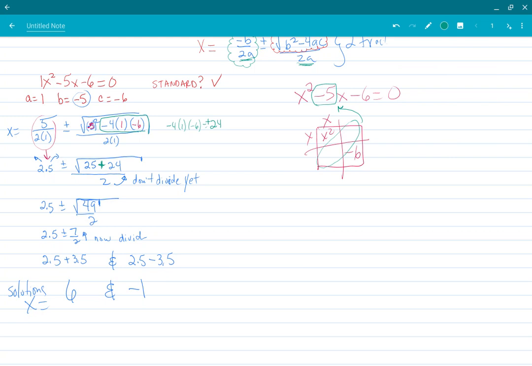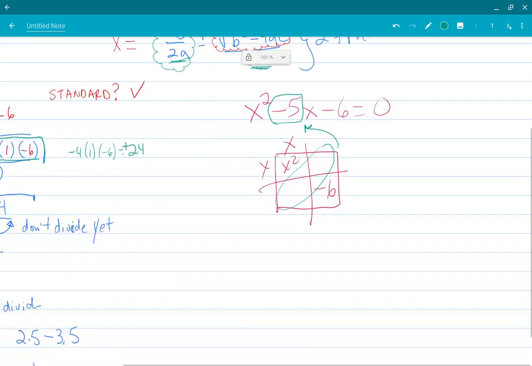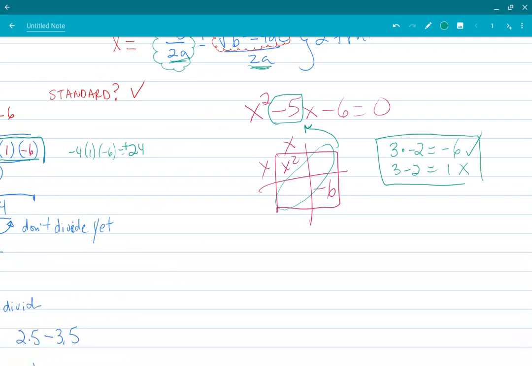What two numbers add up to -5 but somehow multiply to -6? 3 and -2. All right, let's try that. 3 times -2 is -6. Check. 3 minus 2 equals 1. Oops. All right, let's try another one.